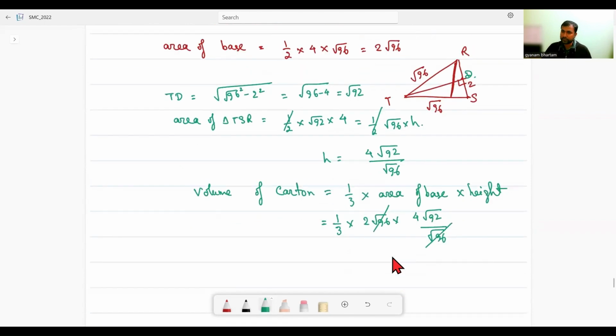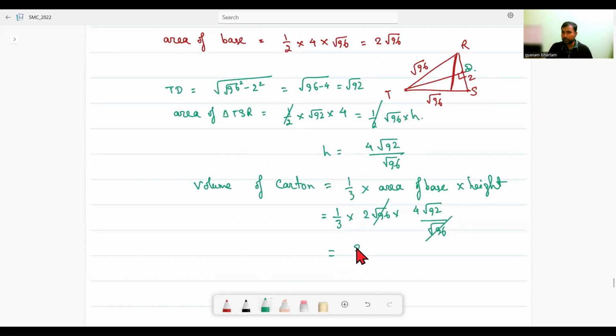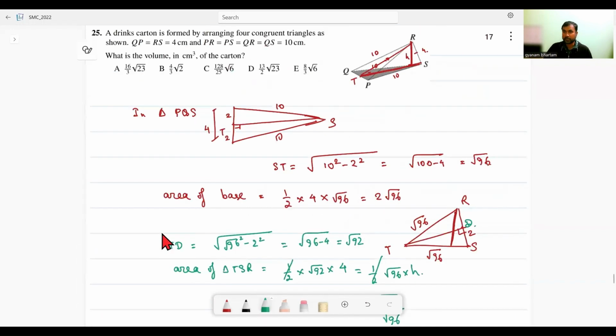So the root 96 cancels out. We have 2, we have 4, and 92 is actually 4 times 23, so one more 2 will come out with square root of 23, and we have 3 here. So 16 root 23 by 3. This must be the answer.